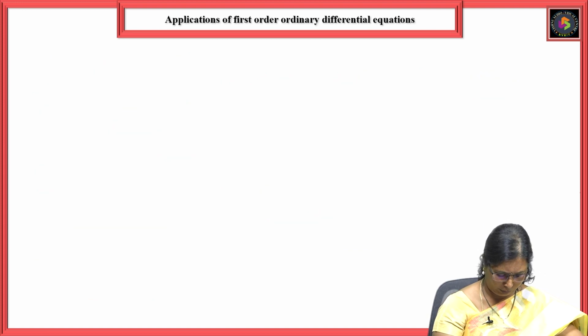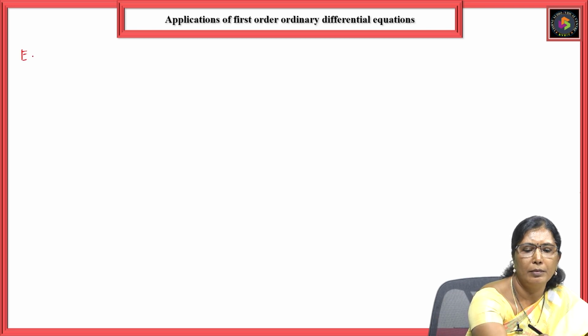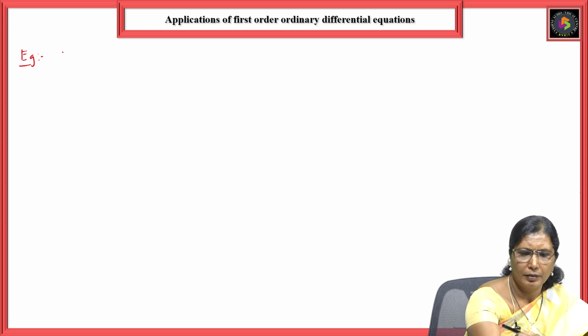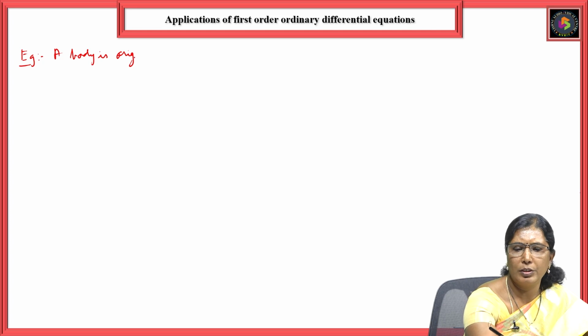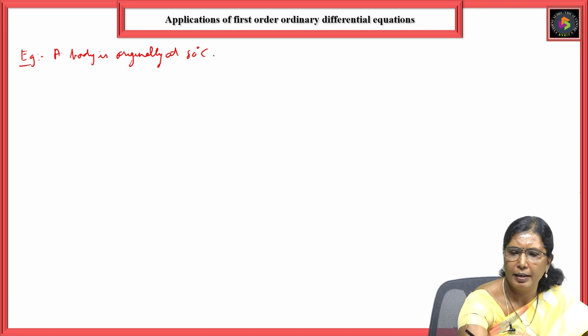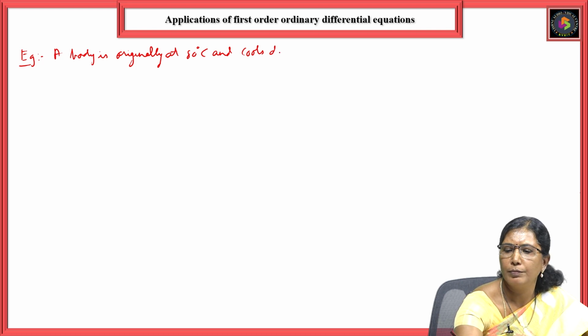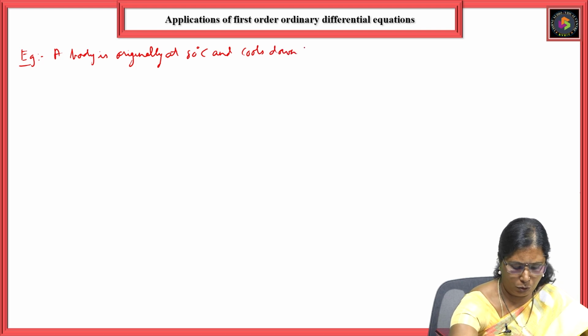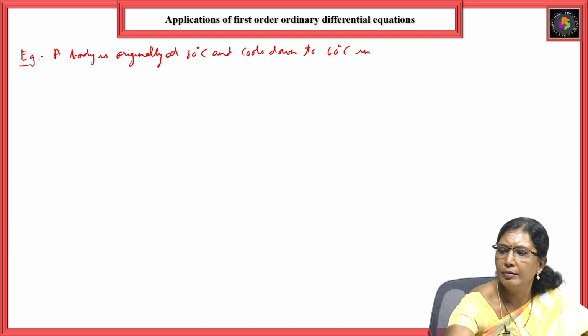Let us take the first problem. Example: a body is originally at 80 degrees centigrade and cools down to 60 degrees centigrade in 20 minutes.